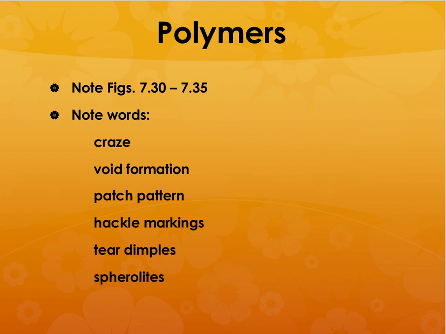So these are some of the words and fracture features in plastics. So it is just a resource guide for you to study from if you want to do that.